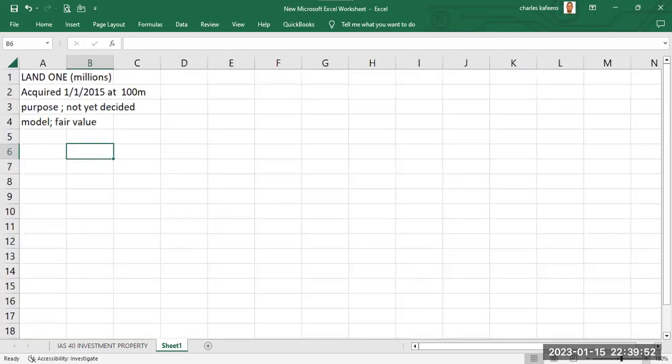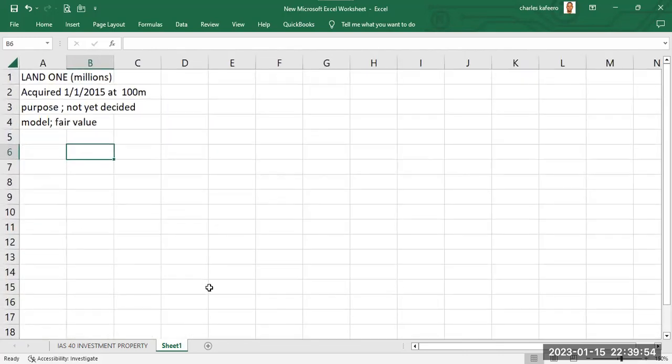Try to zoom in and be able to see what we are writing. Then they have told us that we have even the inflation. The inflation was 15%.